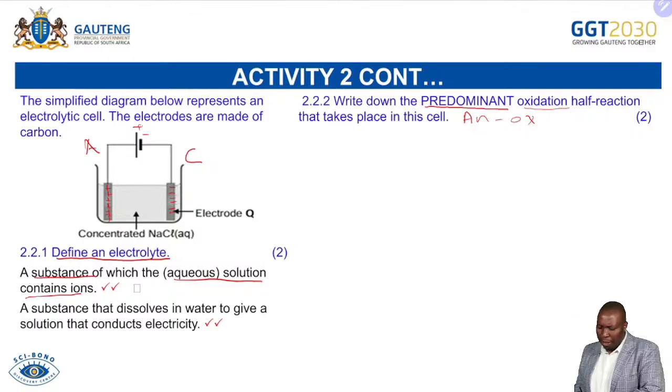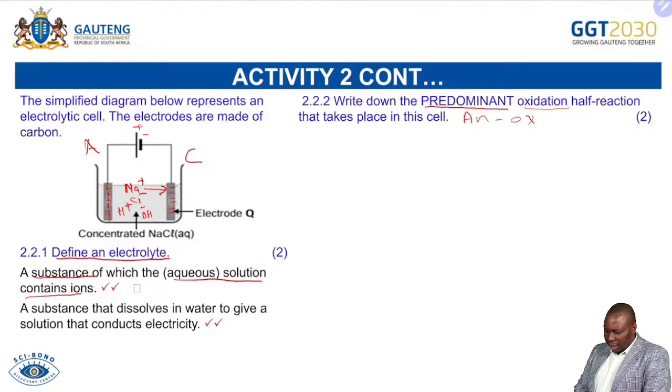And then we have in our solution sodium chloride, which is Na plus and Cl minus, but we have water. And remember, water is made up of H plus and OH minus. So don't forget that. Sodium is positive, definitely attracted to the cathode side.